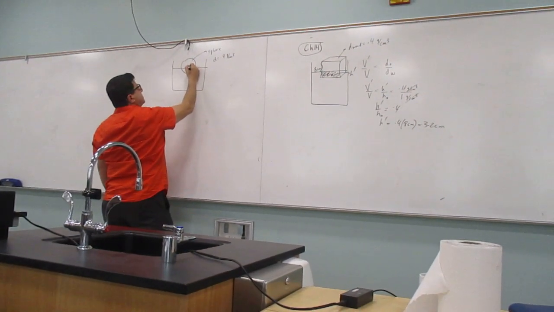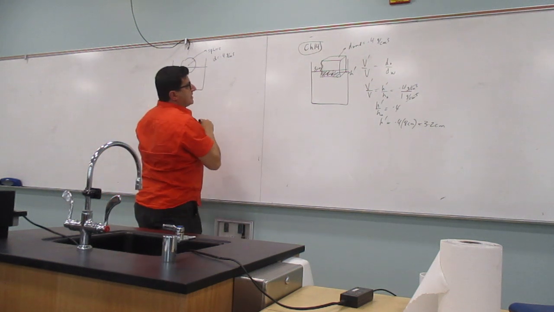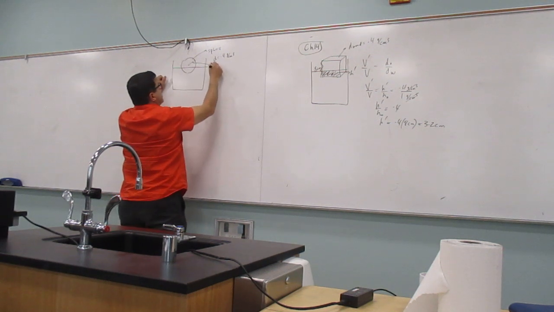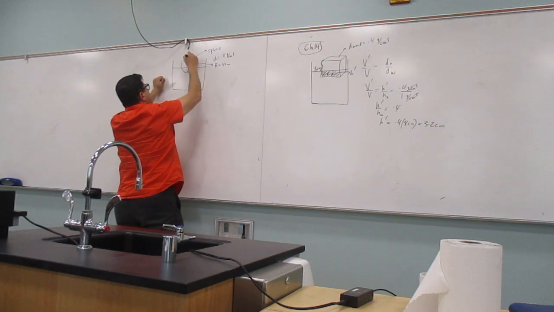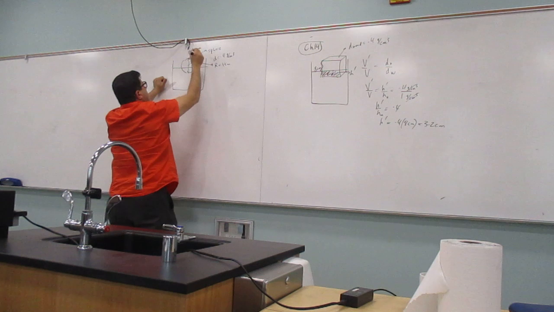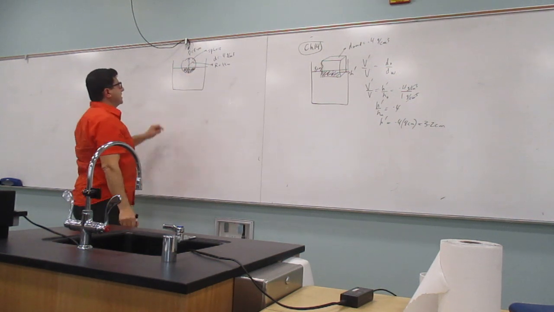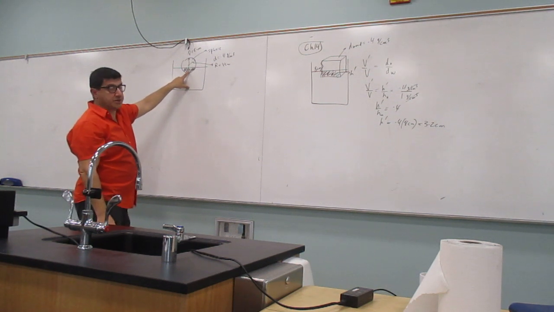We'll make the diameter 8 centimeters, so the radius is 4 centimeters. From the top to the bottom, the diameter is 8 centimeters. But since it's in the shape of a sphere, now we want to know the portion that gets wet, and it's not necessarily going to be 3.2 centimeters, right?